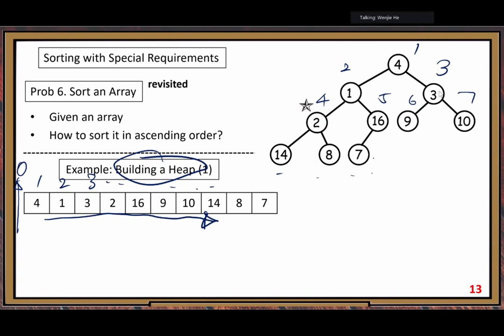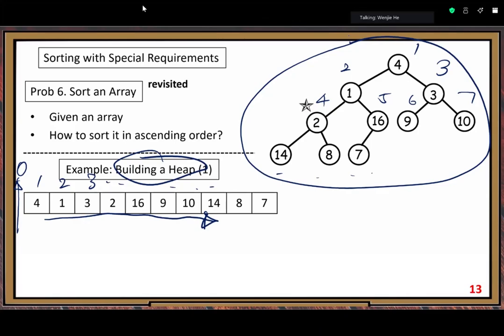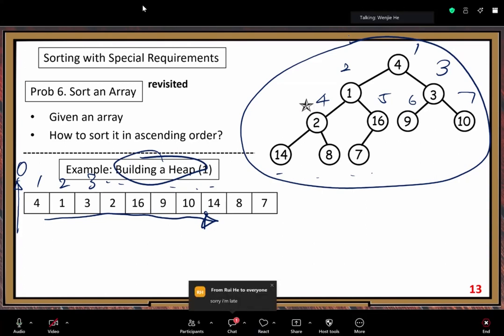But when we apply it, in this whole binary tree there are many different local triangles. So the question is, where should we start? So we don't want to do the redundant work, right?